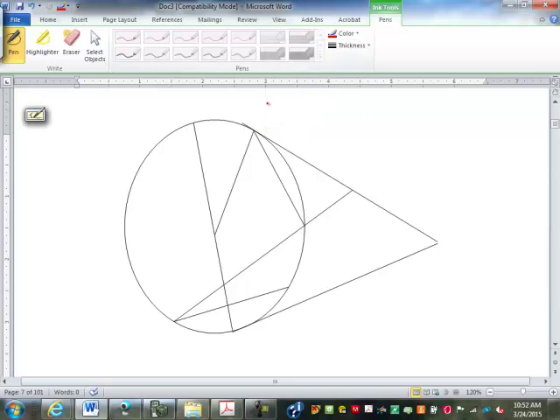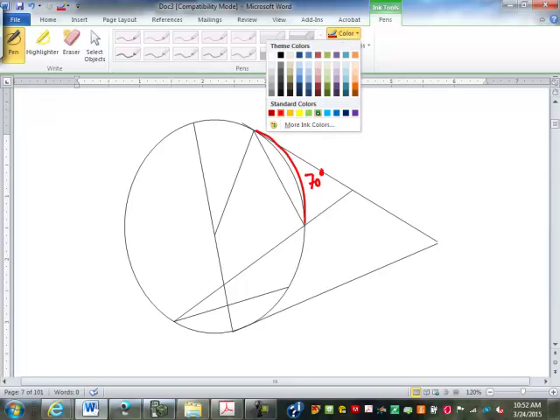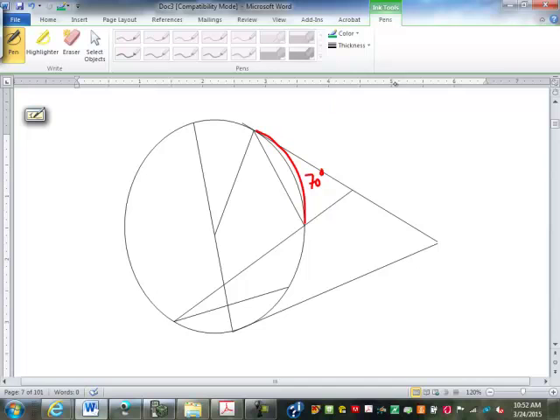We are given arc DA, that's from here to here, is a 70-degree arc. We are given arc GE, from here to here, is 120 degrees.